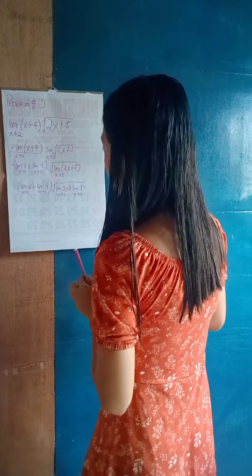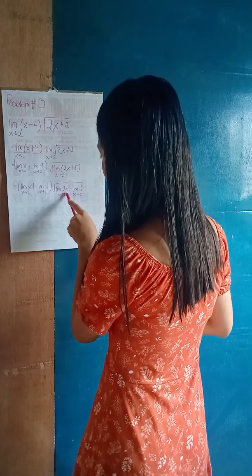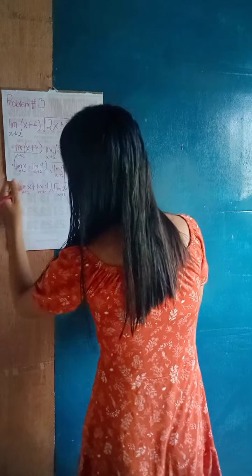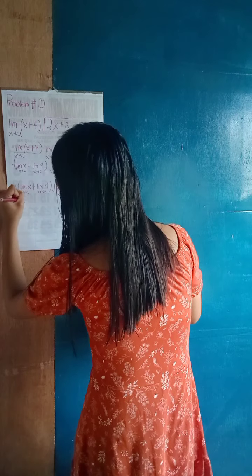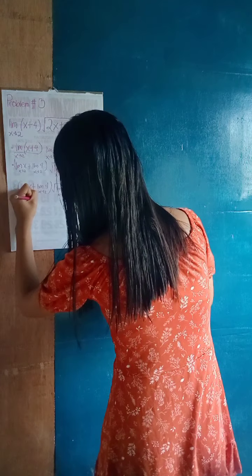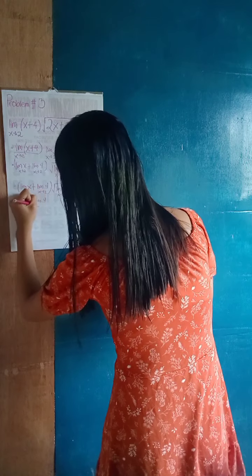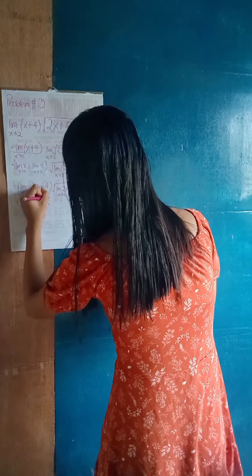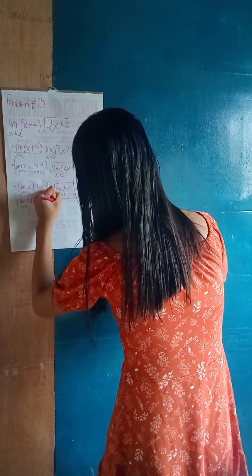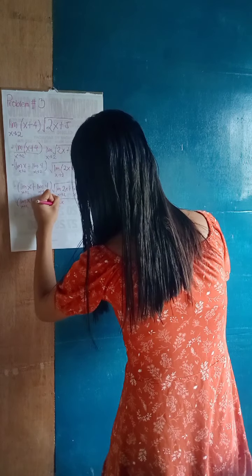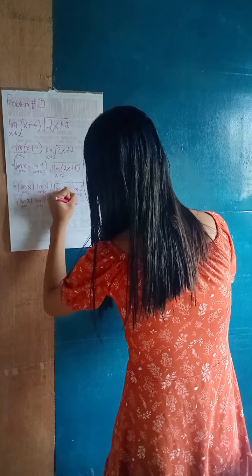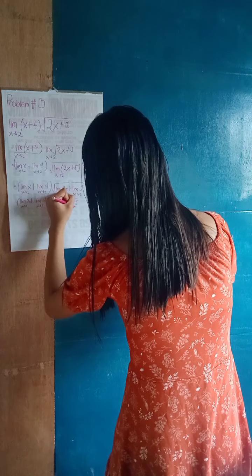Then, use limit number 3 here. So this will become, just copy this, limit x as x approaches 2 plus limit 4 as x approaches 2, square root of 2 limit x as x approaches 2 plus limit 5 as x approaches 2.